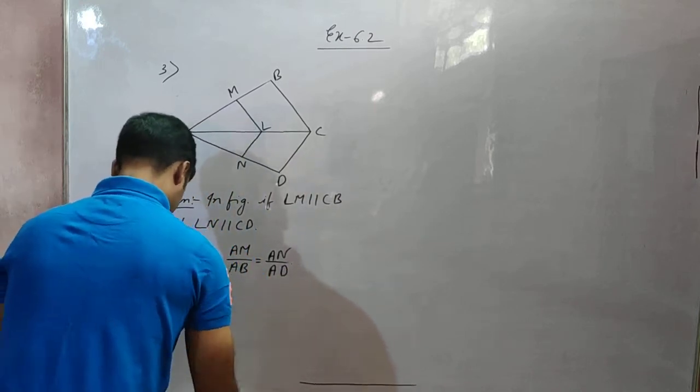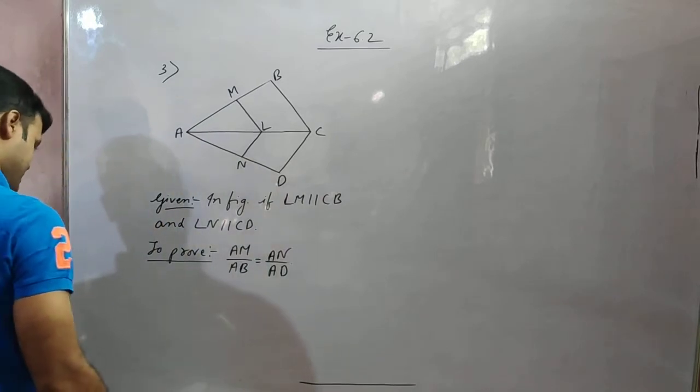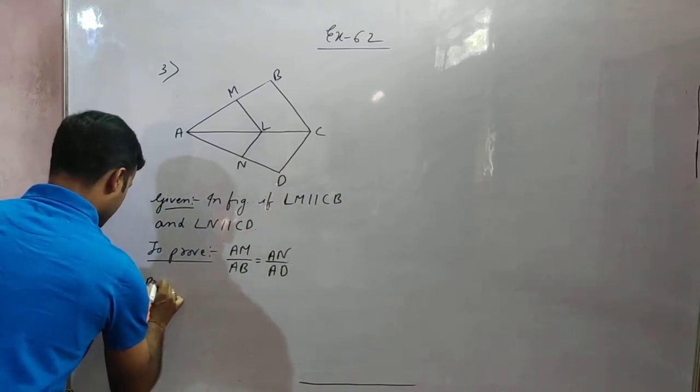Okay, AM by AB is equal to AN by AD. Okay, let us prove that.